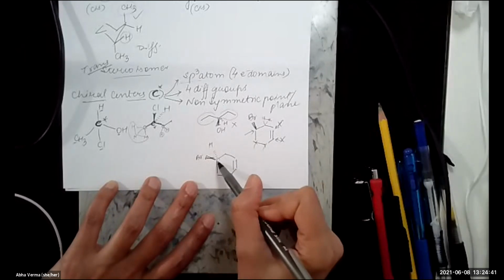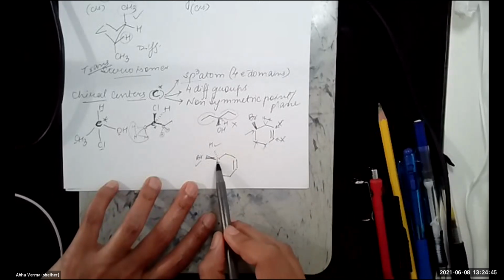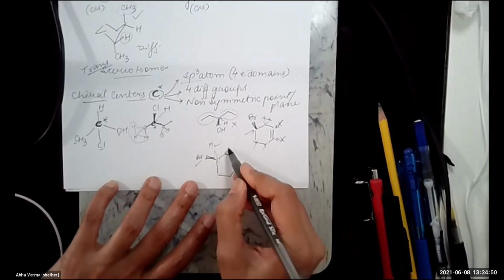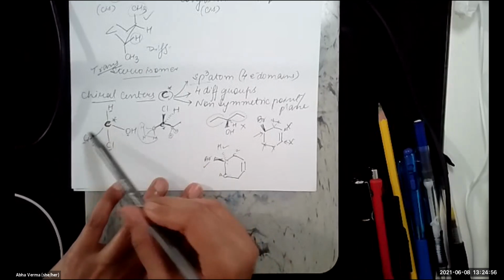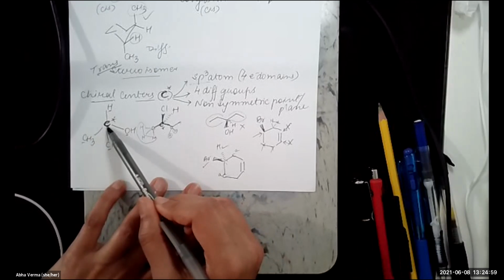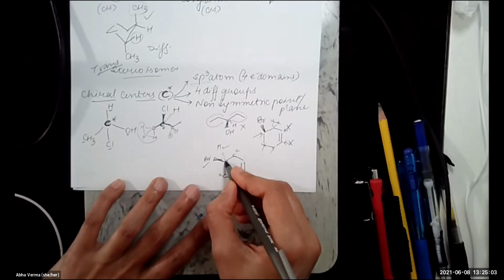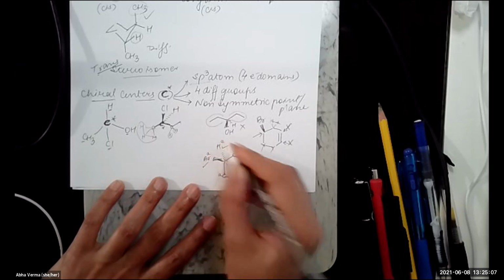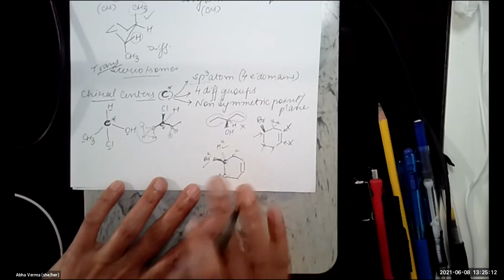Let us look around the ring. We know this is different, this is different. Let's look around the ring. There is this carbon atom A, and then there is this carbon atom A. Remember, I told you to look at the first atom directly attached to your carbon of interest. So I can label all the atoms directly attached to my carbon of interest.